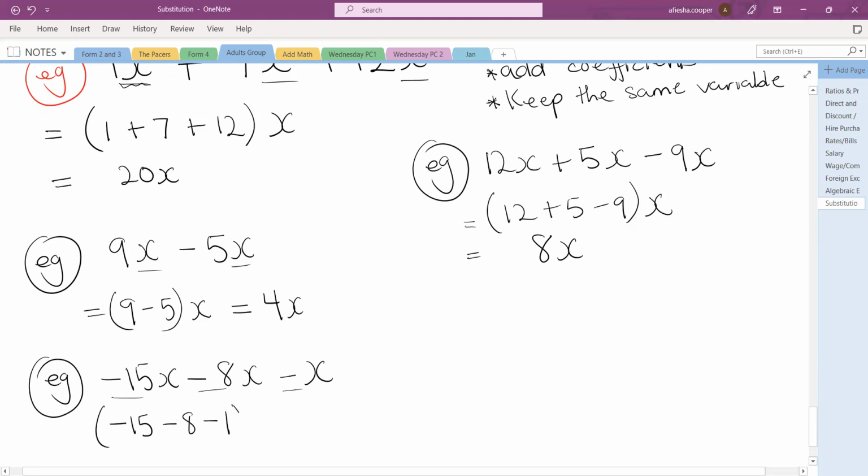So minus 1x. When the signs are the same, we add and we keep the sign. So 15 add 8 is 23, 23 add 1 is 24, negative 24x. I mean the 8, because there's a minus sign in front of it, the minus sign is associated with the 8, so it becomes negative 8.